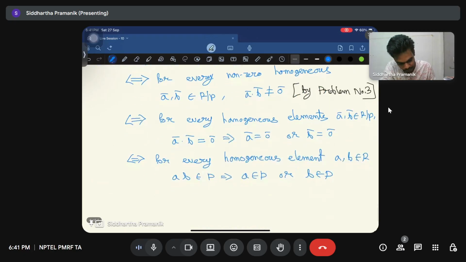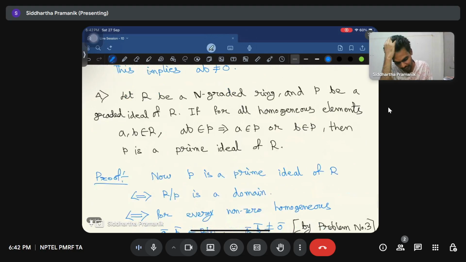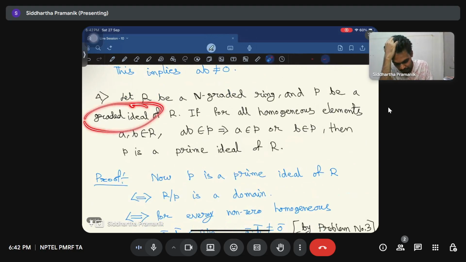So all these statements are equivalent. So to check that a graded ideal is prime or not, we need to check only for the homogeneous elements.